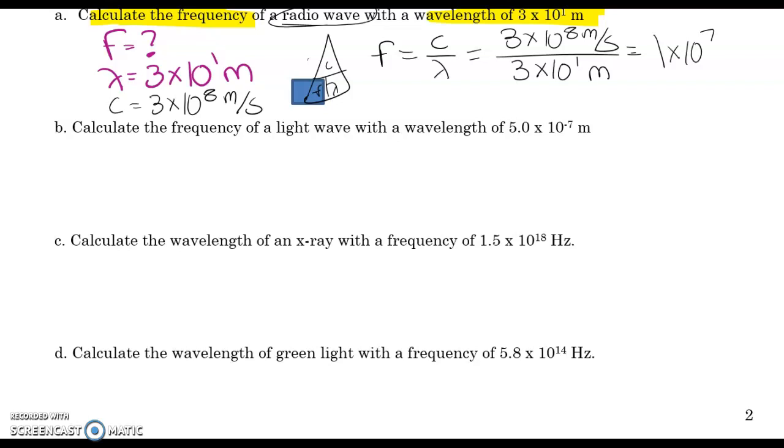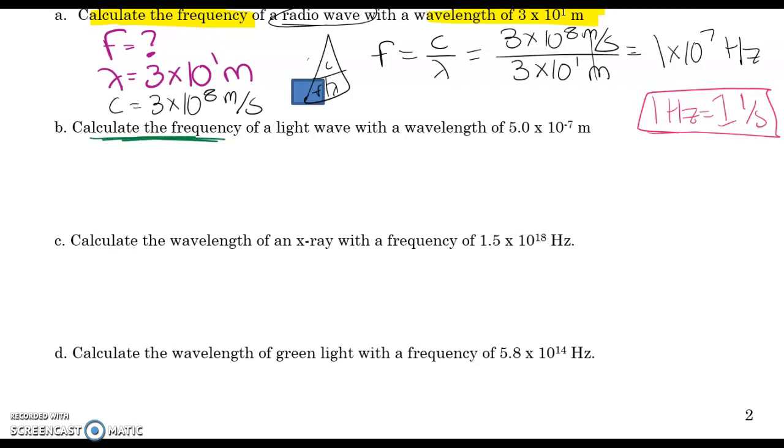My meters cancel out, and that's 1 over seconds, which is our typical unit for frequency, the hertz. 1 hertz is defined as 1 over seconds, so something divided by seconds is equal to a hertz.